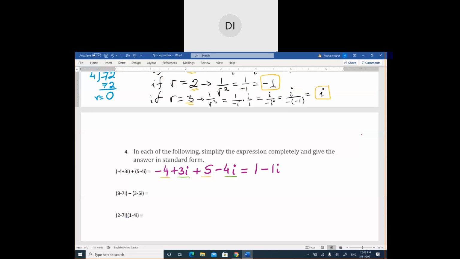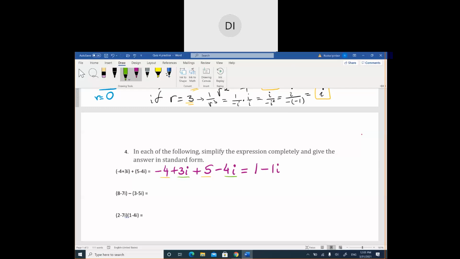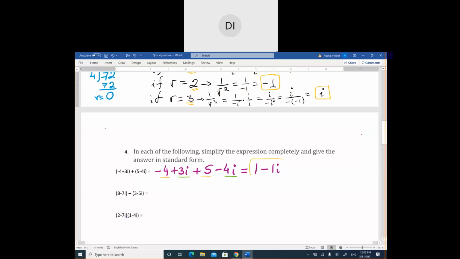And that's going to be my final answer. You get a complex number, which is 1 minus 1i. You don't have to put the 1 here, so you can write it like 1 minus i also. It's the same. But the 1 in front, the real component, has to stay like that. It's important that you keep the first one. Okay?